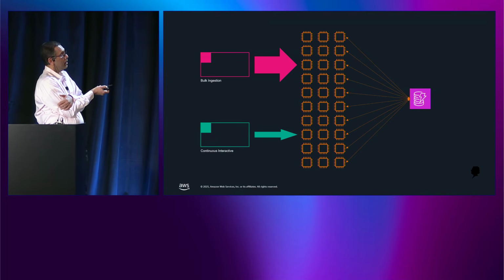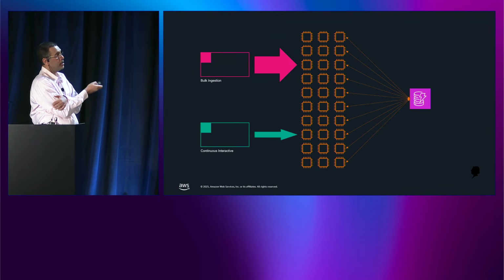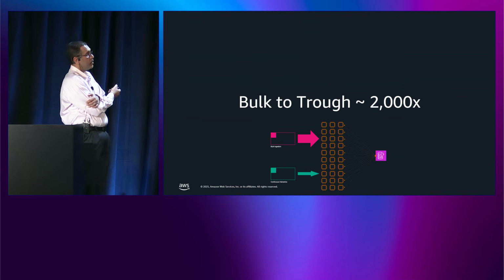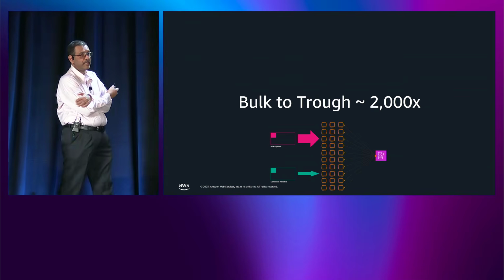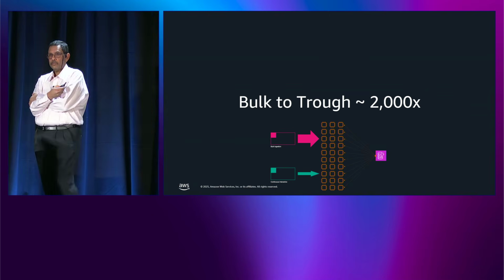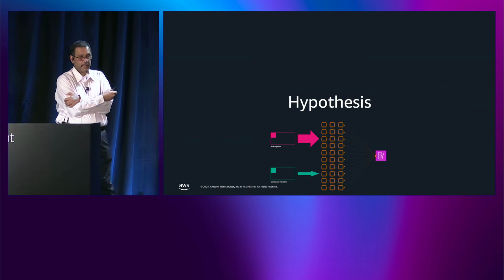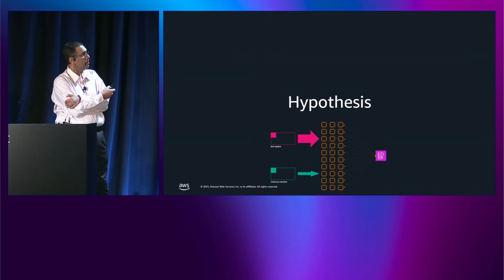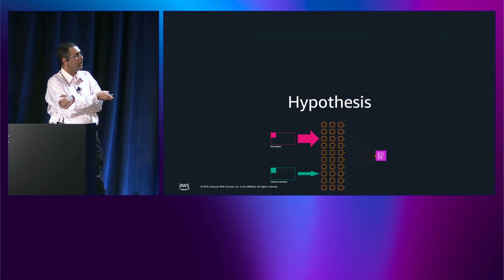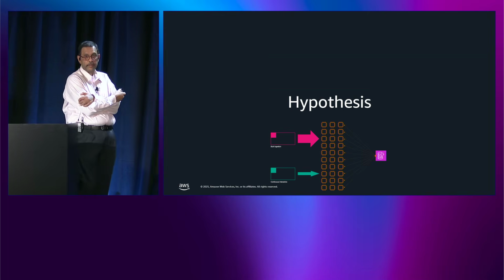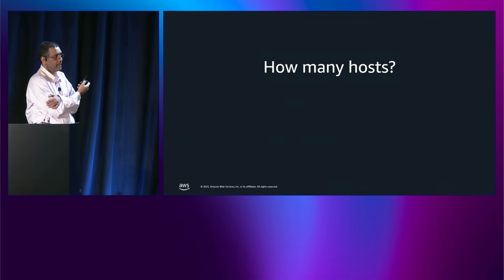If their large traffic used this large fleet of hosts, when they were doing their continuous traffic, when the batch was not running, that was almost 2,000 times less traffic. So our hypothesis was that they're not getting the benefit of the cache because of the number of hosts which were involved on their side. So we asked them how many hosts they had.